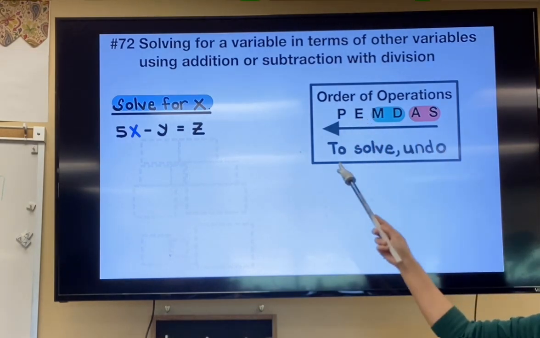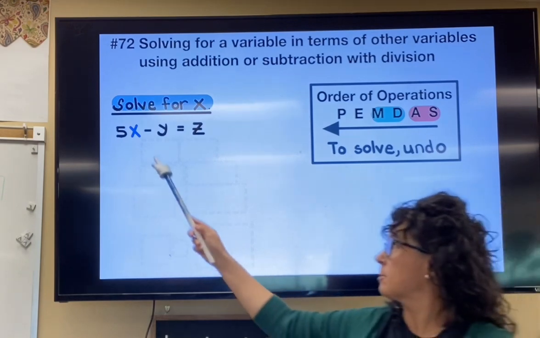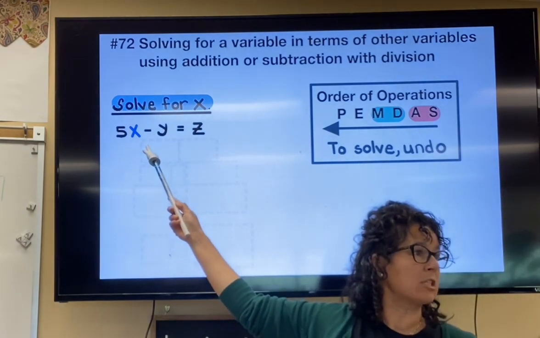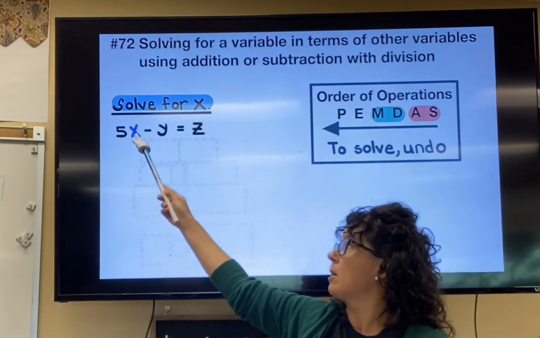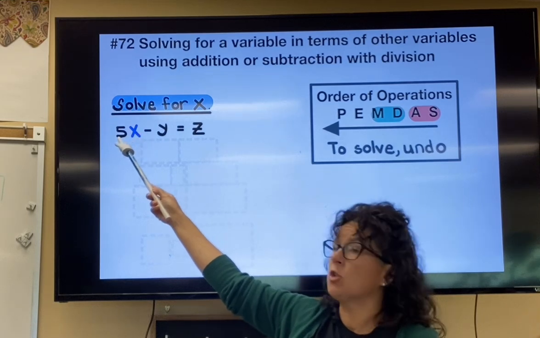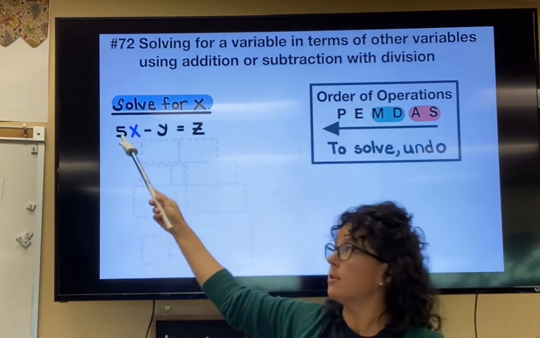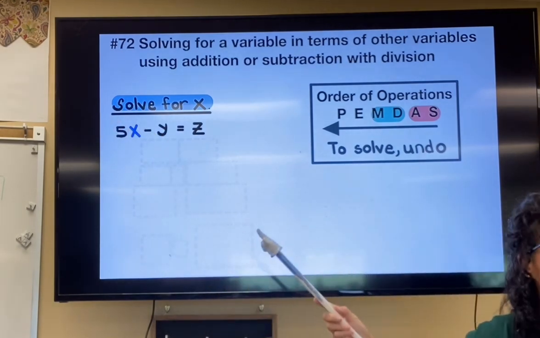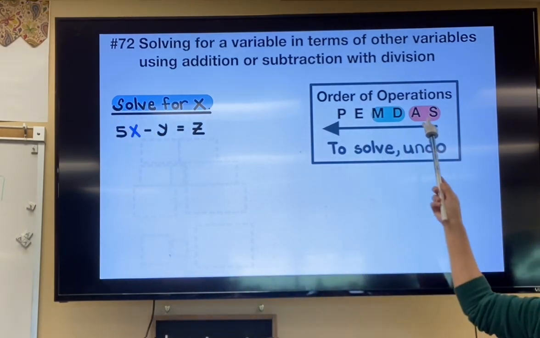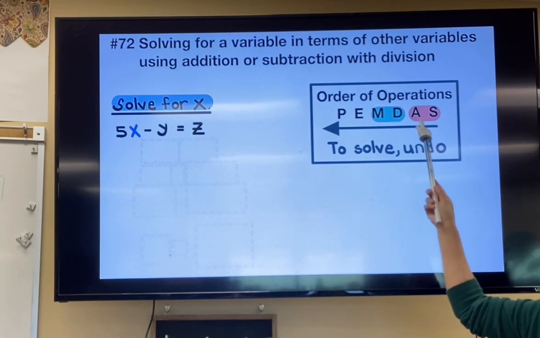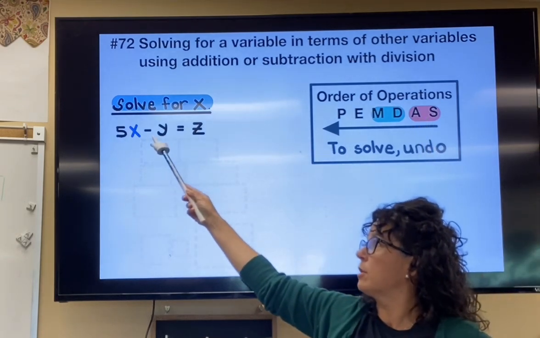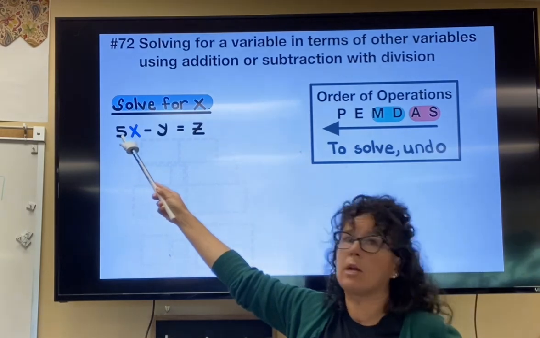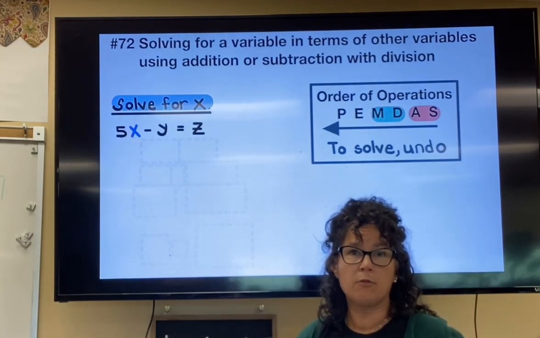So keeping in mind that we're undoing, I ask myself, what's preventing x from being by itself? And this x is being multiplied by 5, and we also have minus y. So knowing we're going to undo PEMDAS, we want to get rid of addition and subtraction first. So I want to get rid of the subtract y before I get rid of multiply by 5.